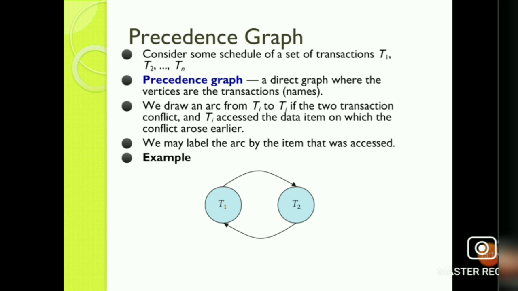For example, in the diagram there is an arrow from T1 to T2, which means T1 and T2 conflict, and T2 and T1 also conflict. If there is any cycle in the graph, we can say that it is not conflict serializable. If there is no cycle in the graph, then the schedule is conflict serializable.